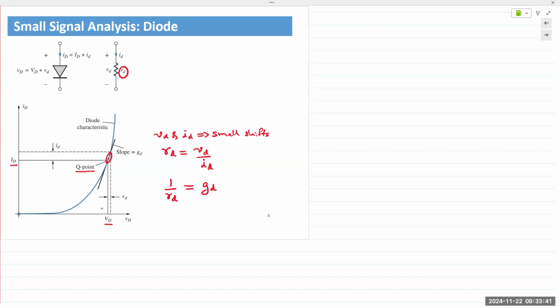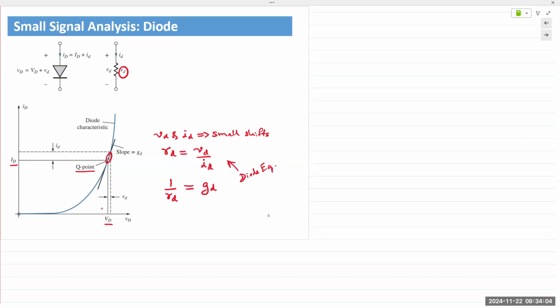Now, if we want to solve this for a forward bias diode, we simply plug in the diode equation and we can obtain a value for GD.